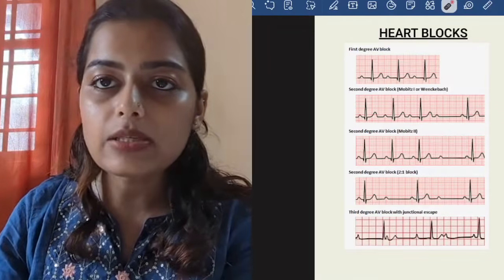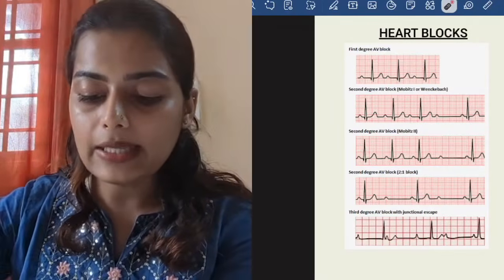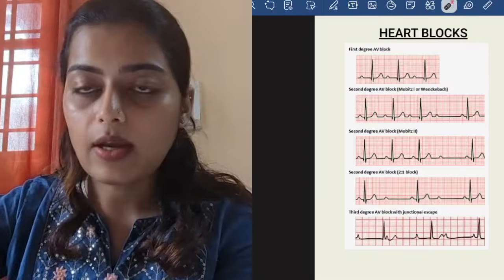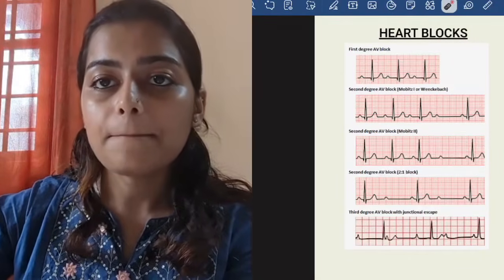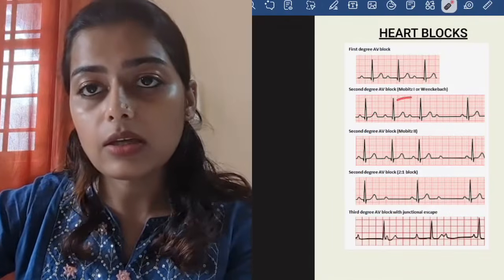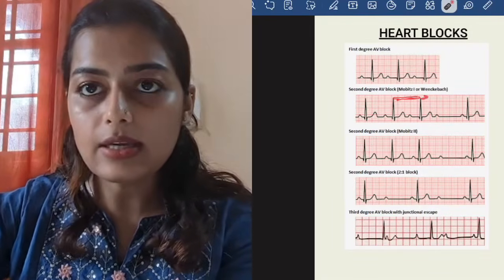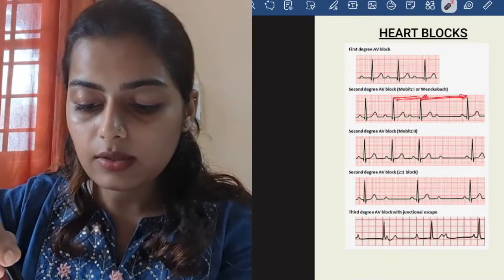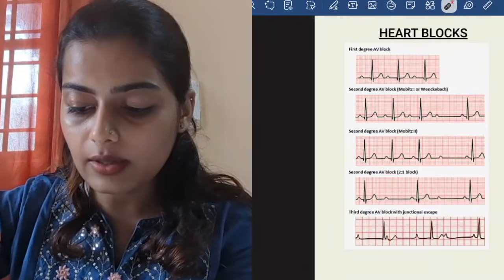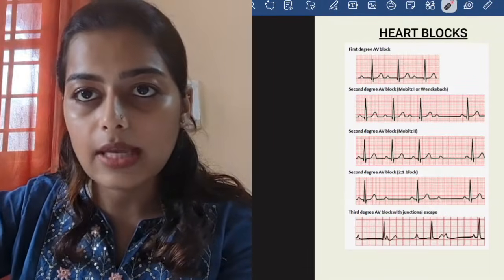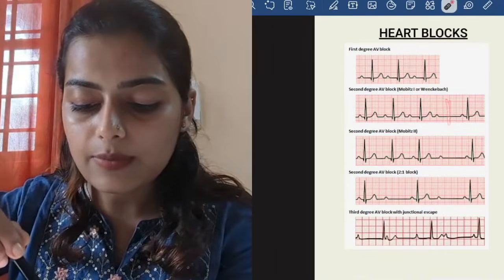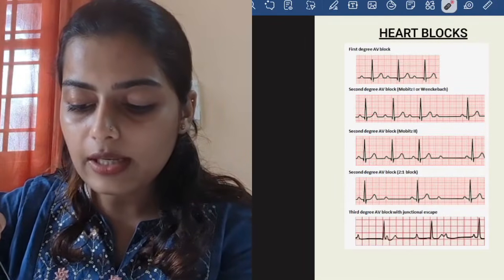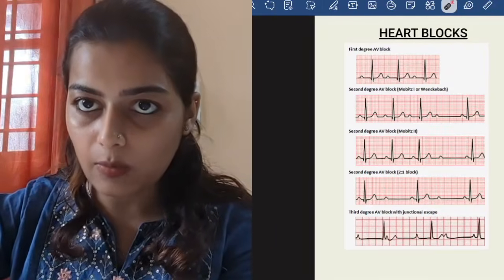So there will be missed QRS complexes in the ECG in a Mobitz type 1. The PR interval keeps on prolonging until a missed beat occurs. So the rhythm is irregular in this. You can see this RR interval here and this RR interval here, they are not of the same duration. So there is an irregular rhythm. PR interval keeps on prolonging, and finally you will find a missed beat, that is Mobitz type 1.